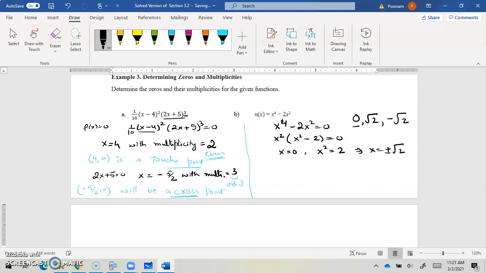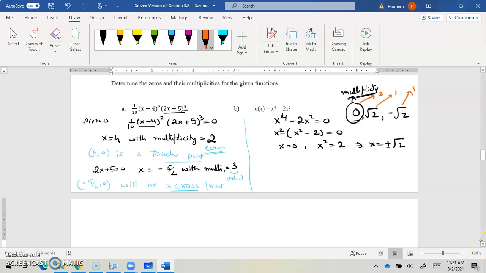What is the multiplicity of each? For 0, it is 2. For root 2, it is 1. For negative root 2, it is 1. Because 0 is repeating 2 times, and each of the other ones is repeating 1 time.